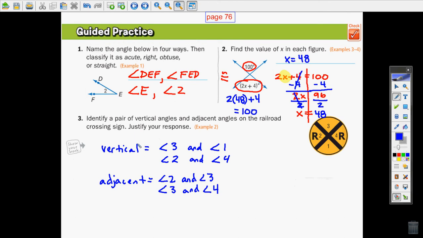And as far as justifying our response, well, I think we did that just in the explanation. We know that 2 and 3 are adjacent because they are next to each other.